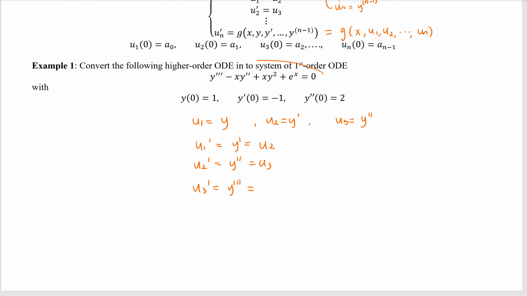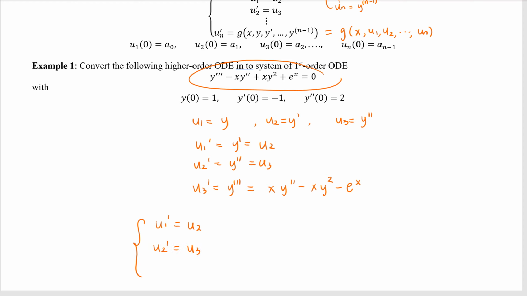So we solve for y triple prime in the differential equation. We move all the terms to the right hand side except the y triple prime. So we have x y double prime minus x y squared minus e to the x. This is our system of first order ODEs.